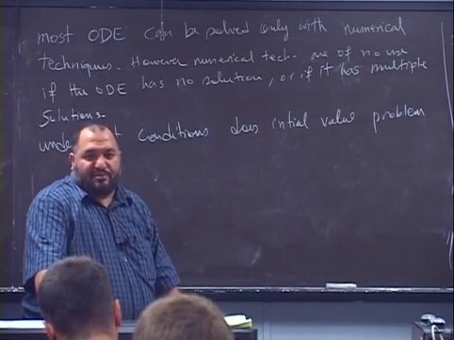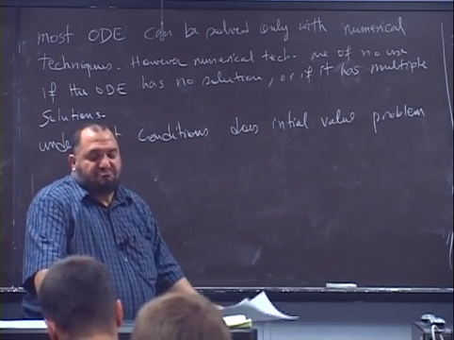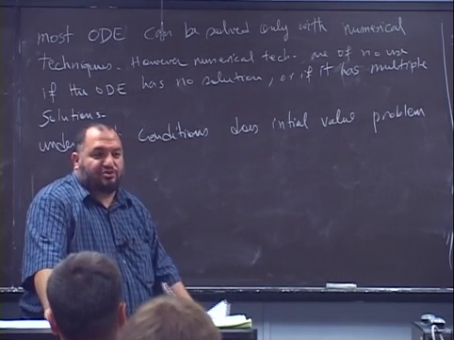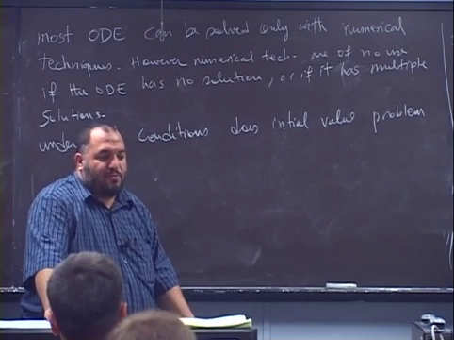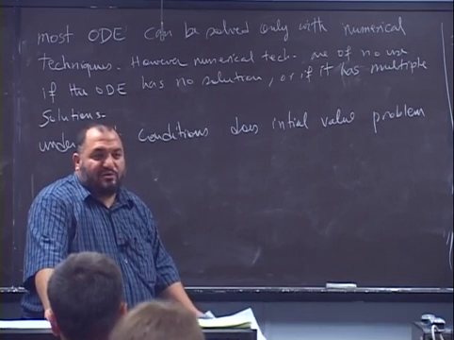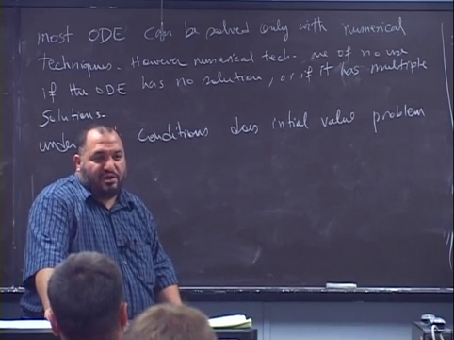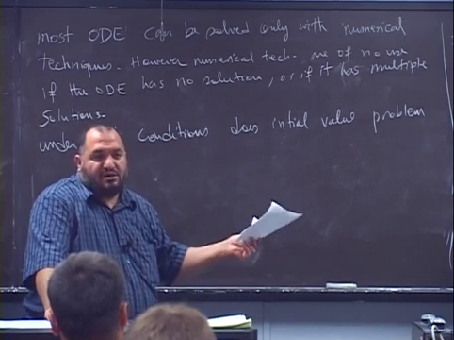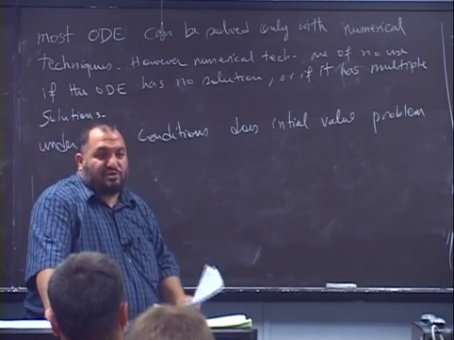Let's say you are talking about a first order differential equation that changes with time. Then you say that, okay, at t equal to 0, the value for y(0) is equal to something. So this is called an initial value problem.